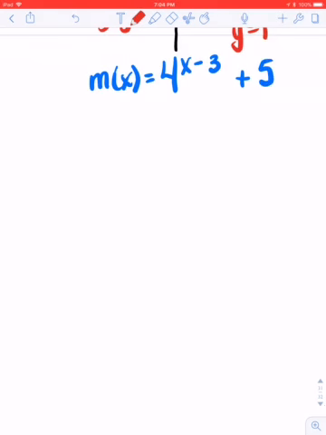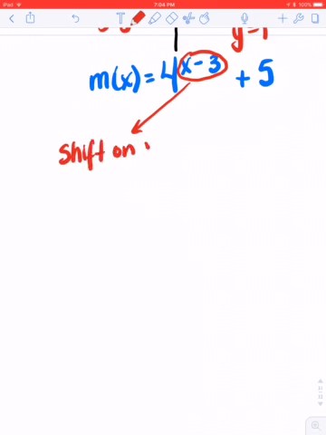Now, I wanted to show you one that is kind of a combination, because this has really 2 different things that are going on. I can see this part up here. That part, remember, tells us that it's a shift on the x-axis because it is up with the exponent. And if it's negative 3, we know it's got to be opposite, so it's going to be positive 3.